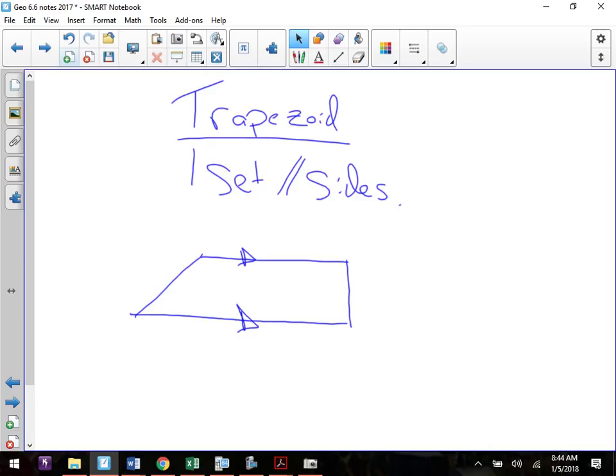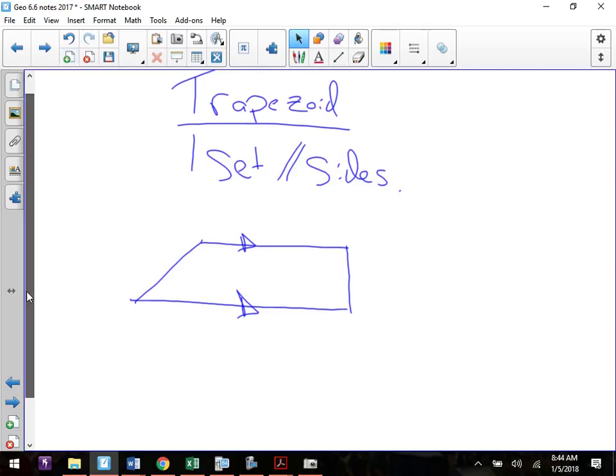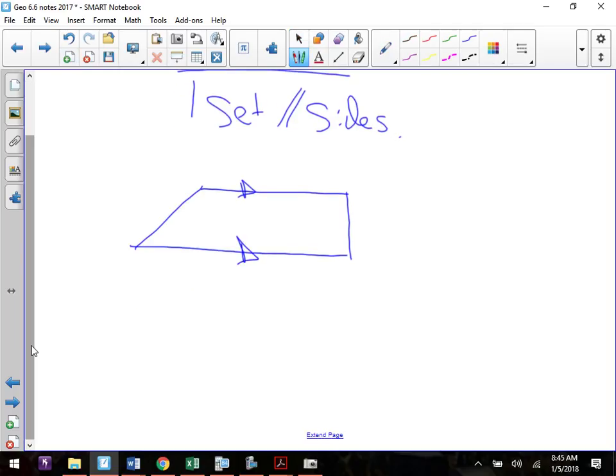Okay. It doesn't necessarily have any congruent parts to it. One thing it does have, though, is if you think about the sides that connect where it's parallel, these parts here, usually we call these parts legs.